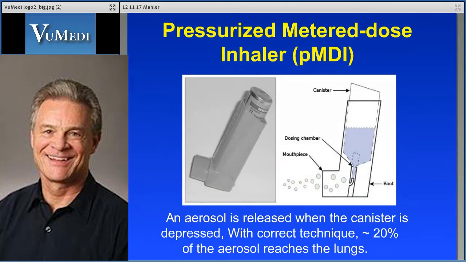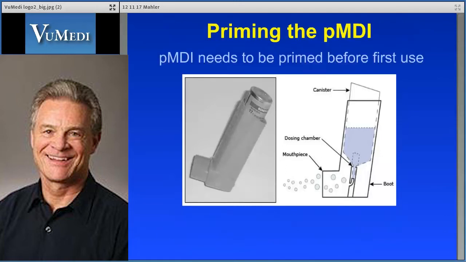Let's start with the pressurized metered dose inhaler shown here. On the left is a picture, and on the right is a diagram of its components. When the canister is depressed, aerosol is released, and with good technique, 20% of the aerosol reaches the lungs.